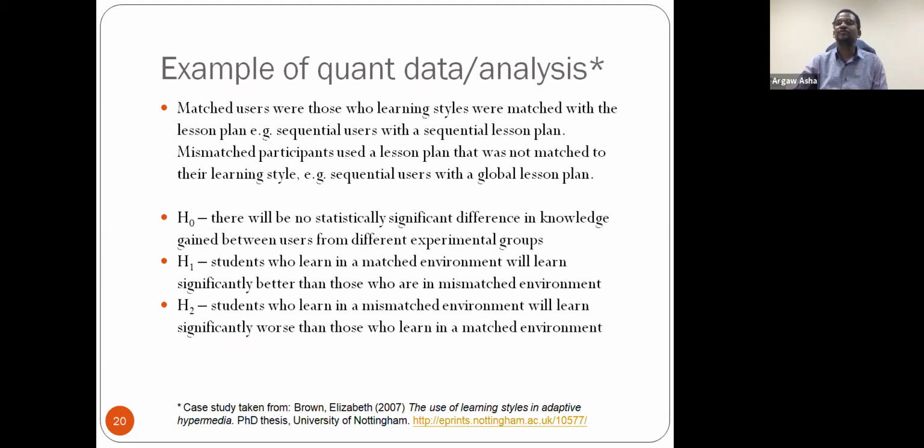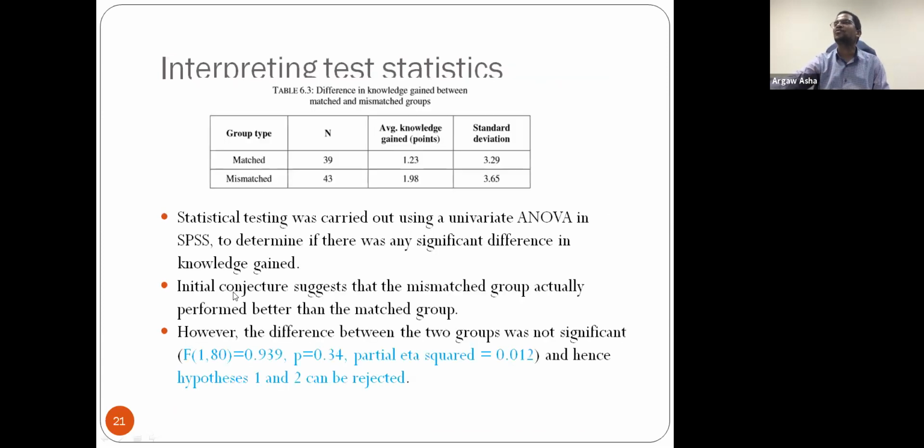It will give you the data. Of course, you can analyze that data depending on statistical tests, which we can see later.